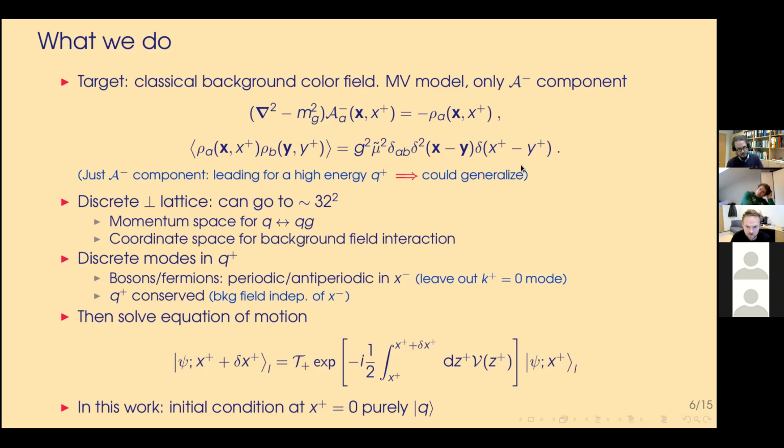For the purposes of this work, we use the MV model, where this field you get from a color charge density, which is a random variable in the transverse plane and in the longitudinal direction. So you have randomly placed fluctuating color charges.